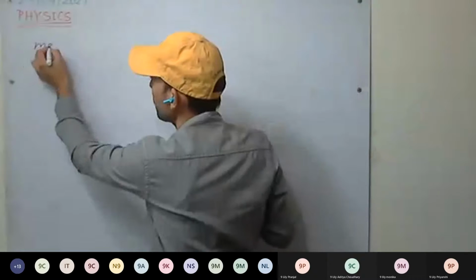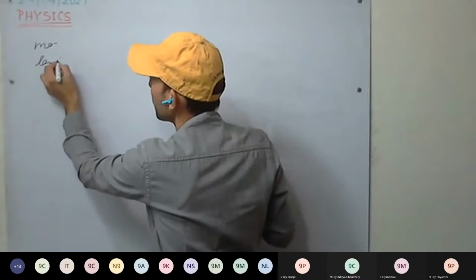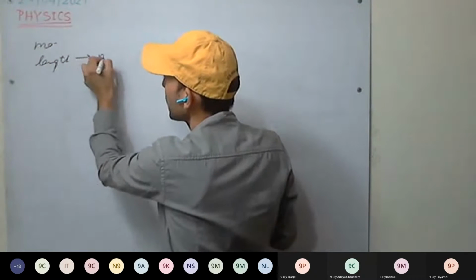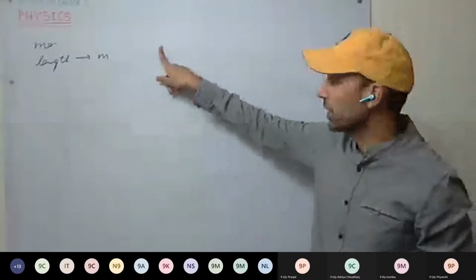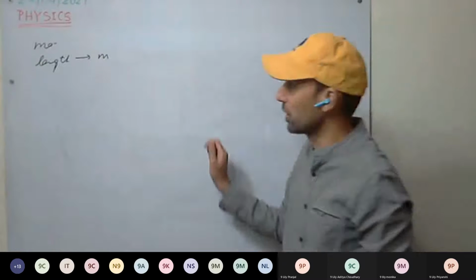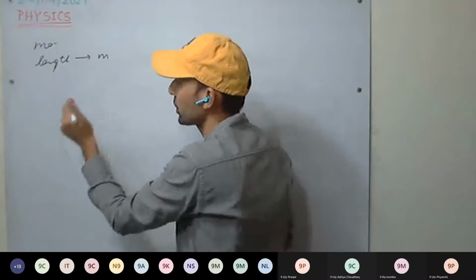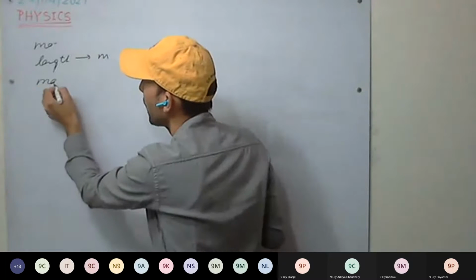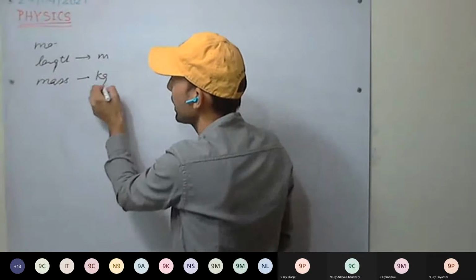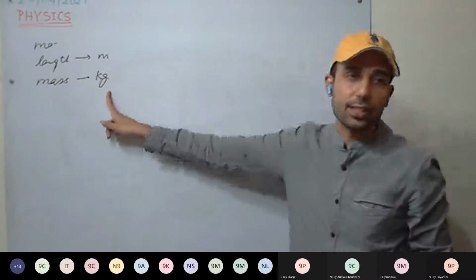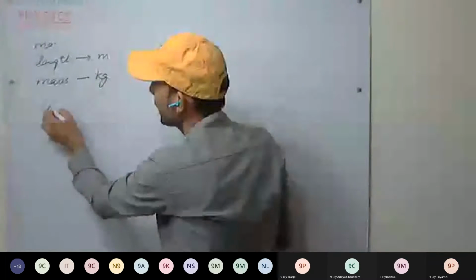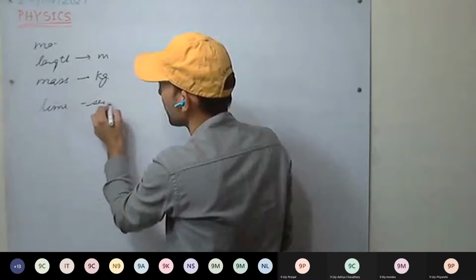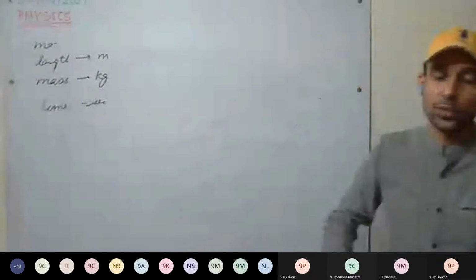Length's SI unit was the meter, and other units we derived in its terms, that is metric units and non-metric units. In non-metric units, parsec we still have to discuss. Mass's SI unit was the kg, and we defined it. For time, we defined the second, and other units we derived in terms of the second.